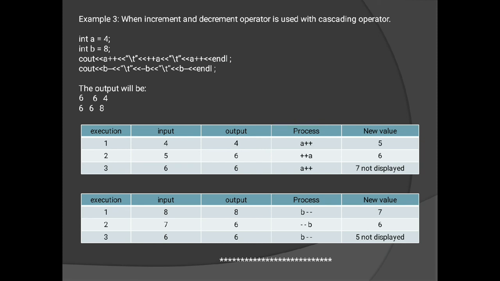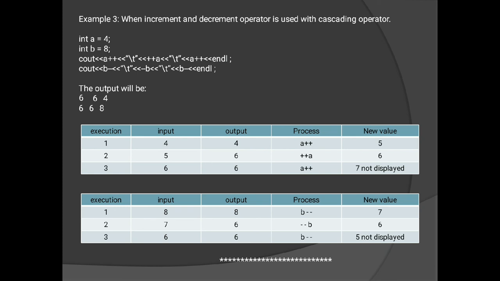So in the first execution, when the value of a is 4, starting from the right hand side, the output value of a will still be 4, because it is a plus plus, that is a equals a plus 1. This is postfix, right? So in terms of the postfix operator, you will still get the output 4.